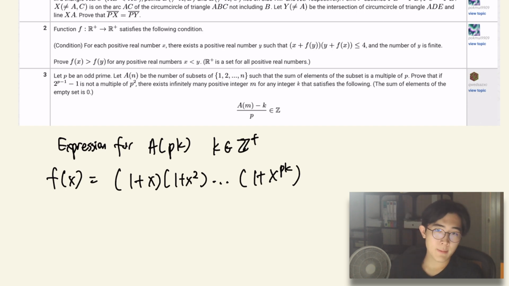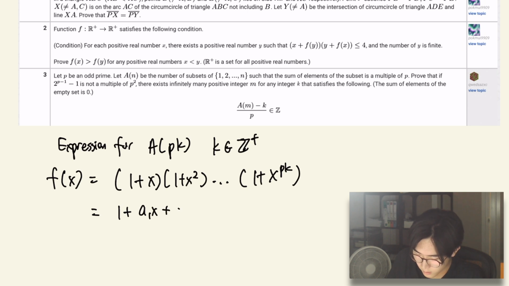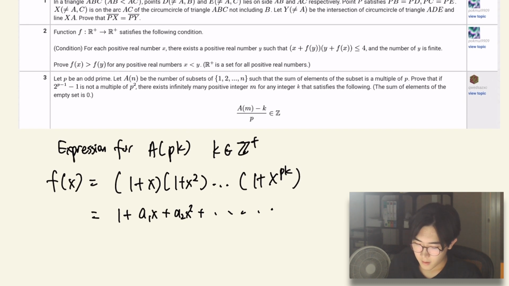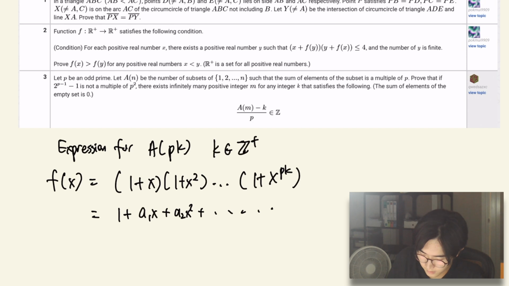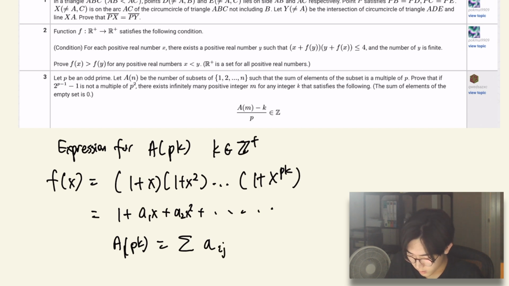And suppose that when we expand this out, we'll get the following expression: a1 x, a2 x squared, etc., etc. So basically, a_pk is equal to the sum of the coefficients a_ip.